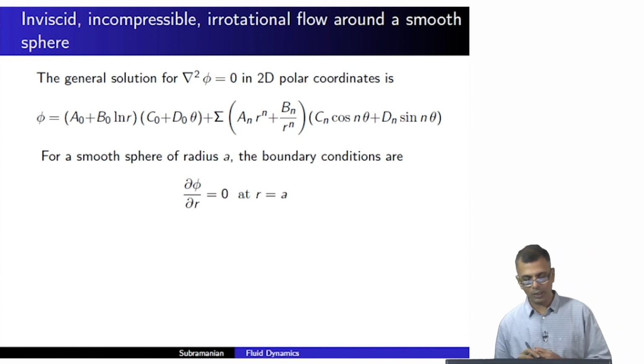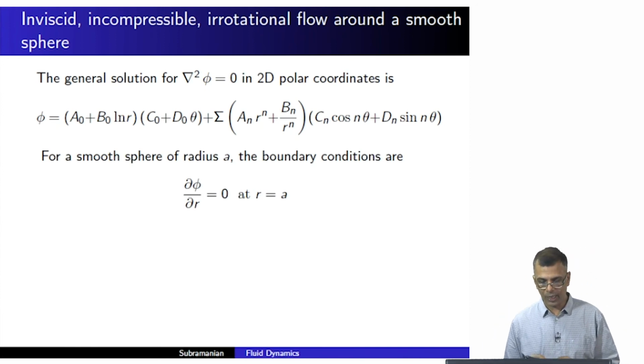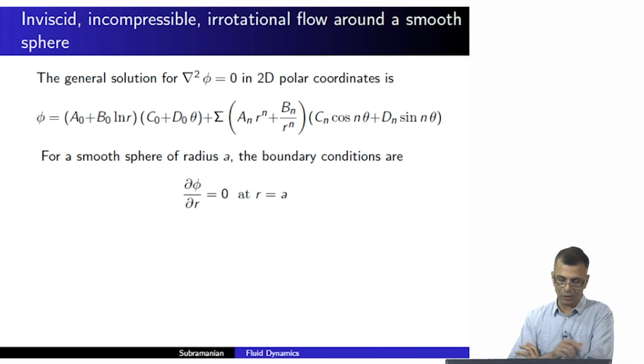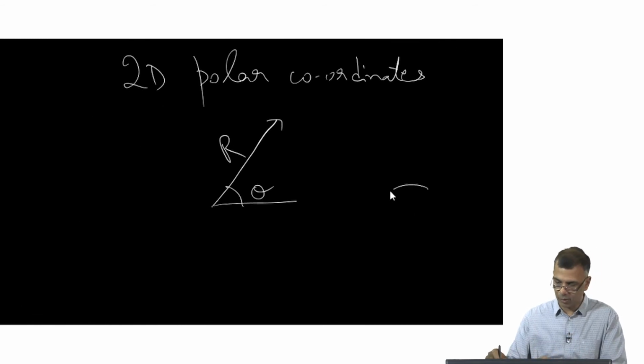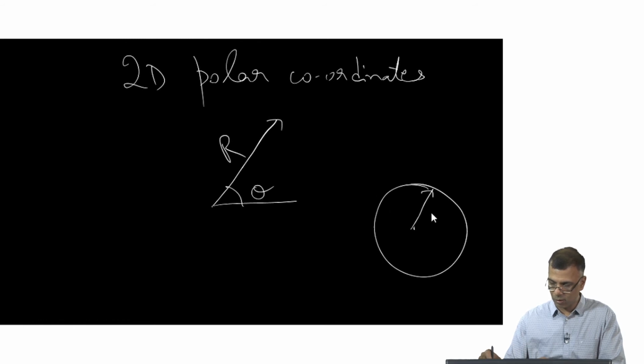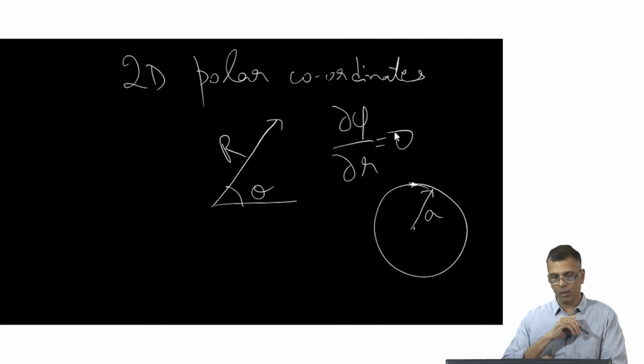For a smooth sphere of radius a, I claim that the boundary condition is d phi dr equals 0 at r equals a, at the surface of the sphere.